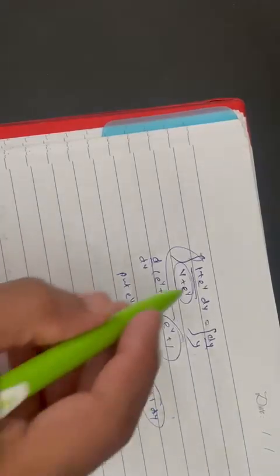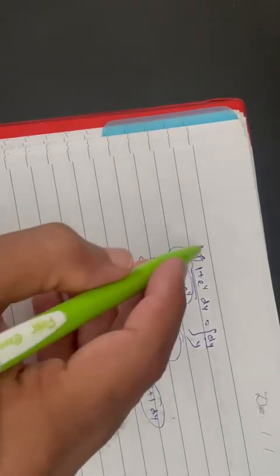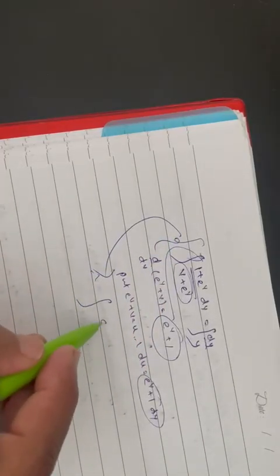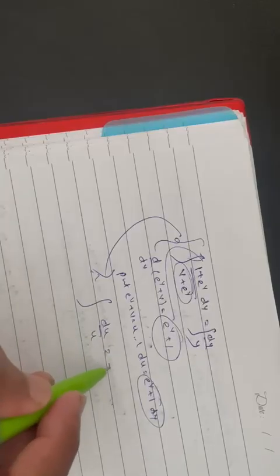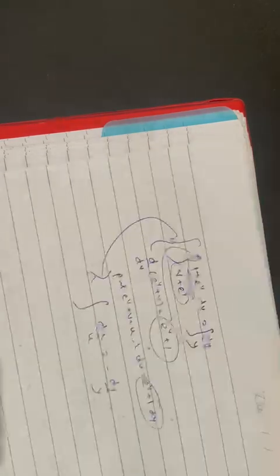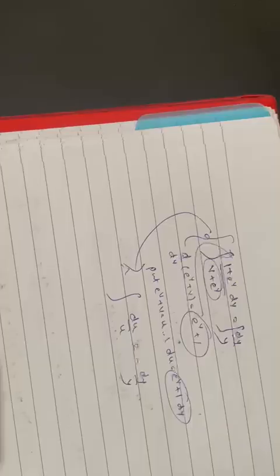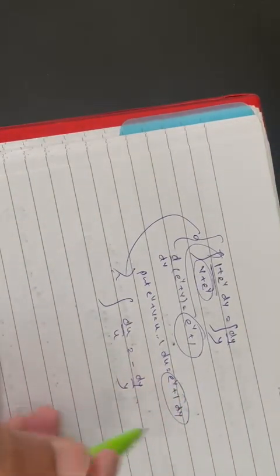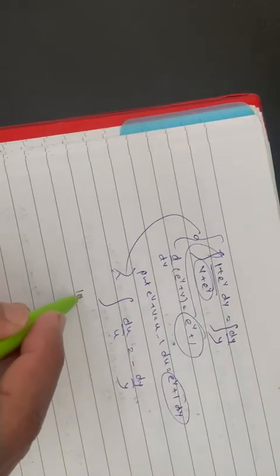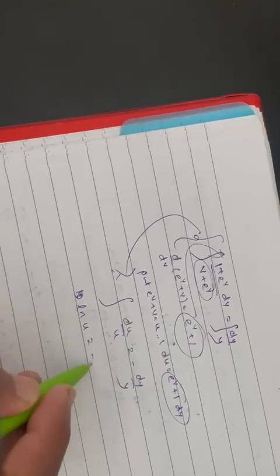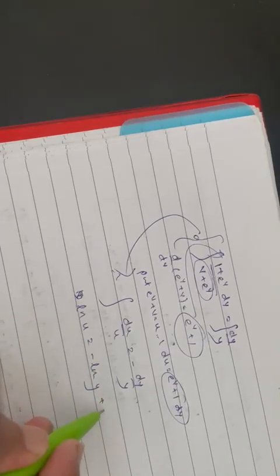So this term we can write down as du. This becomes integration du upon u equal to minus dy upon y. We had a minus sign here, if you remember. So ln u equal to minus ln y plus ln c.